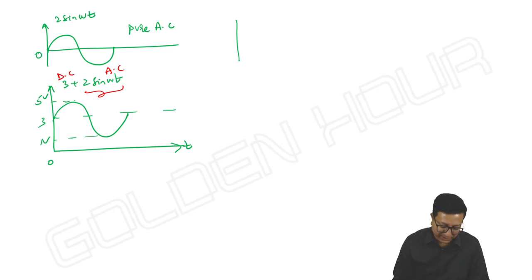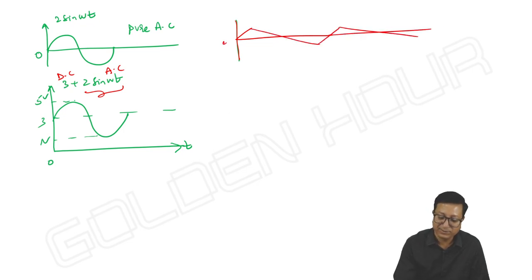Which appears like this. A similar story I can take even for a triangular waveform. See, I have a triangular waveform like this, just as an example. Whatever you have for positive cycles, the same thing you have for negative cycles as well. Let us assume it is a pure AC signal.